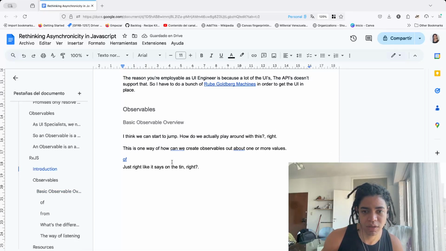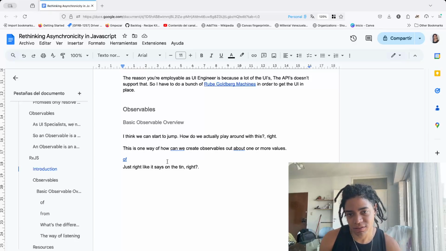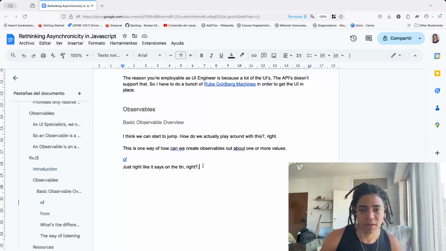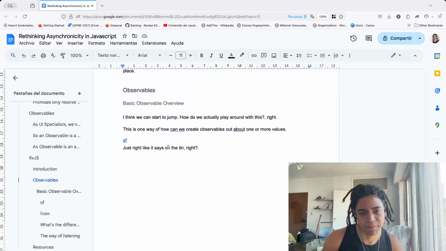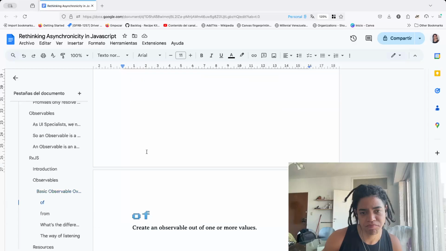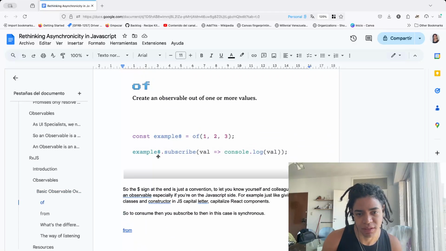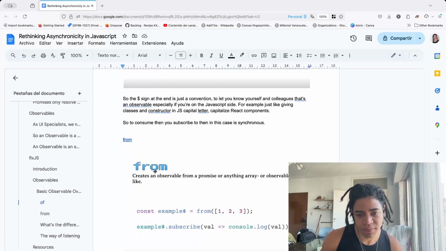Let's now actually look at the basics, because this library is huge, massive. We're going to get ourselves familiar with this. So create an observable out of one or more values, with of and from.